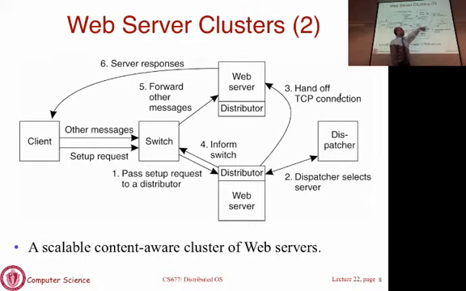If the dispatcher says no, forward it somewhere else, then in this case, you transparently do a TCP handoff to another of those replicas. And then that is the one that is going to service the request. In this case, you'll see that the response went directly to the client without going through the switch. And what that says is the presence of these web server replicas is now visible to the client.